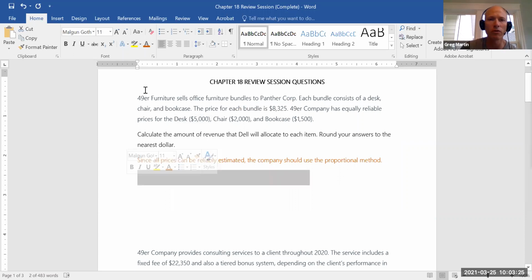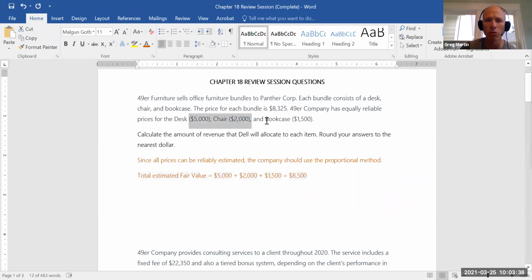The first step is to get the total estimated fair value, which we can see is $8,500. Of course, $8,500 is different than $8,325, which means that each of these individual prices is not going to be the way that we allocate the final bundled sales price.